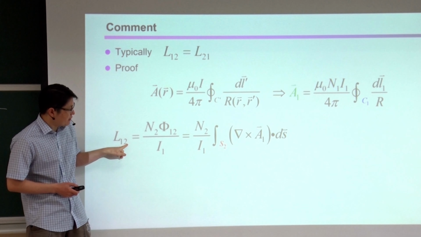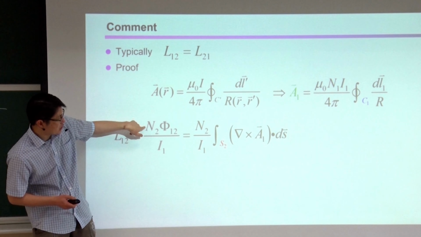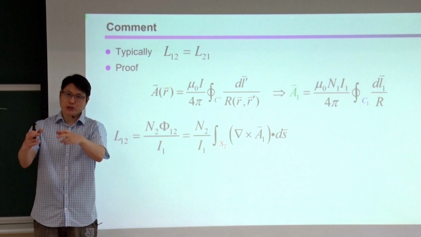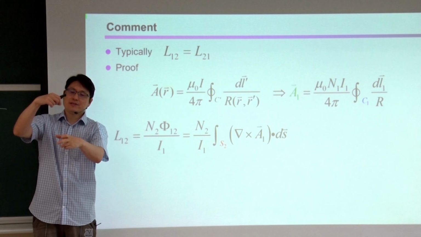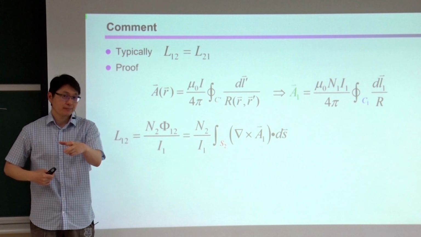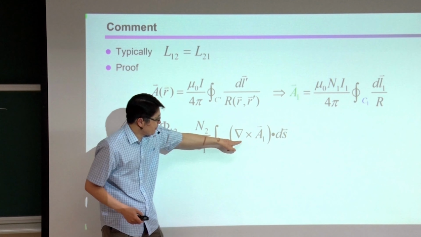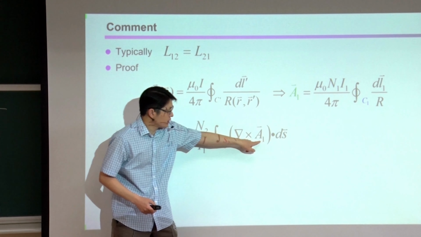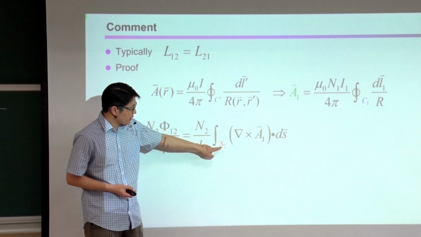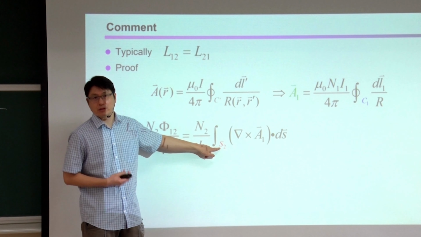L12 is trying to evaluate the flux linkage over the surface area of loop number 2 and counting the number of field lines created by the first loop. Okay? So the field lines are generated by curl of A1, meaning B1, but integrated over the surface area of loop number 2.